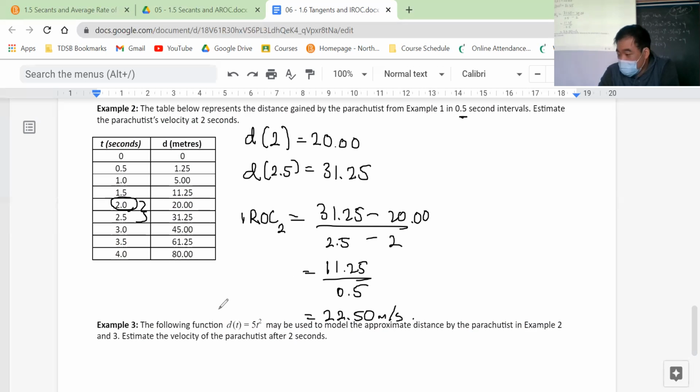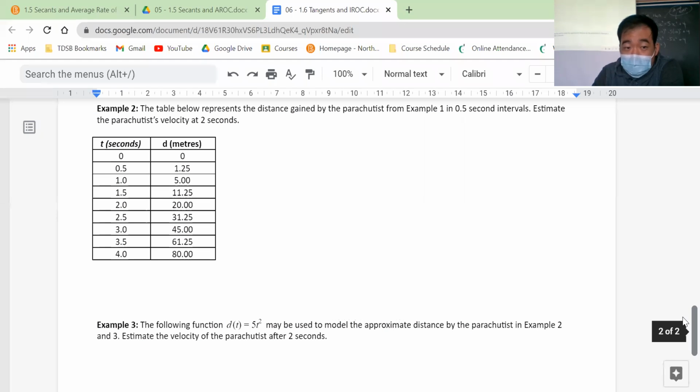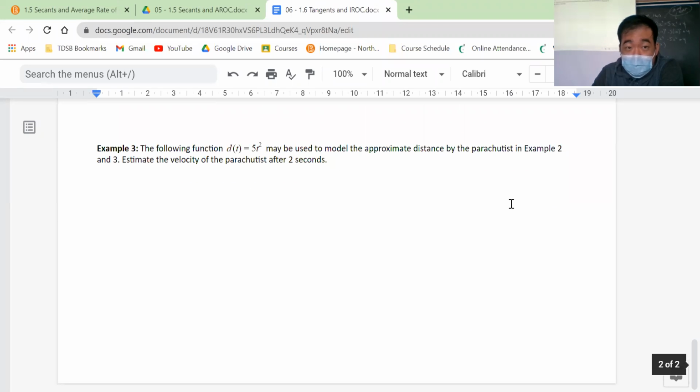Now, the third example, which is going to be most useful for your in-class assignment, I'm emailing to you. All right, so this is an equation for the graph in example 1. This is the equation for the data table in example 2.